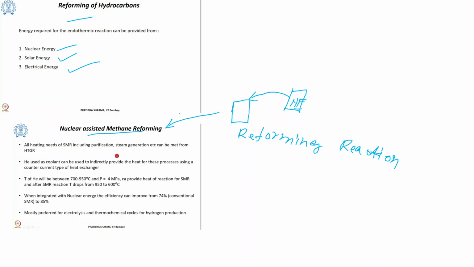But there are obviously some challenges associated with the nuclear assisted methane reforming process, because of the nuclear material. Just tell me, what is the nuclear material? Maybe uranium, thorium. Yes, uranium, thorium, plutonium. The handling is very tough, and the disposal is very difficult.